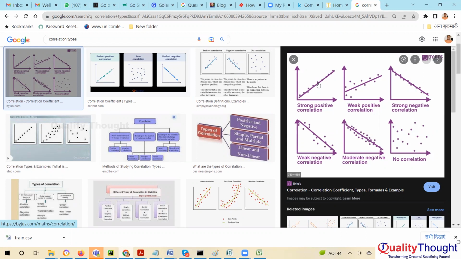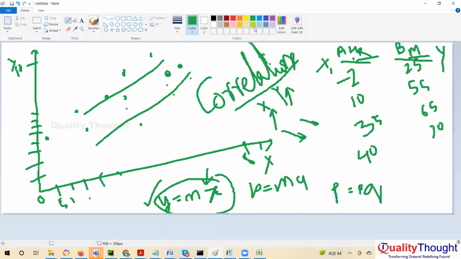When you calculate the correlation statistic, the correlation value ranges from 0, which is no correlation, to +1 for positive and 0 to -1 for negative. So we have value and magnitude. Positive means both are increasing or both are decreasing. Negative means one is increasing, the other decreasing. When I say one, I mean x and y axis, isn't it?